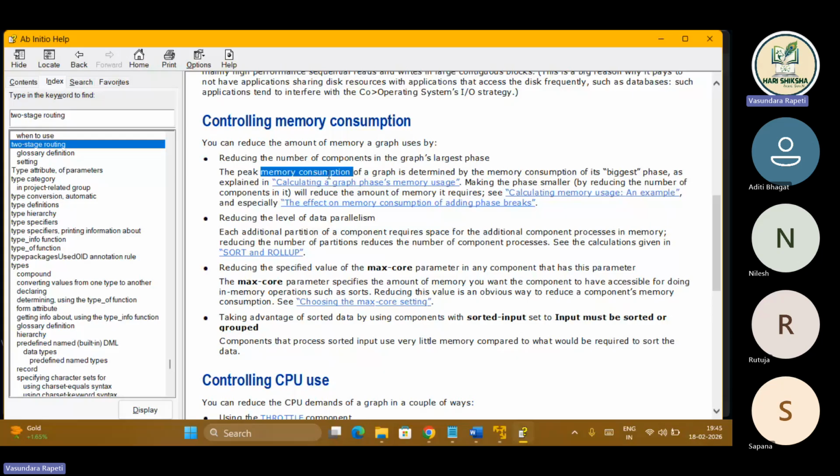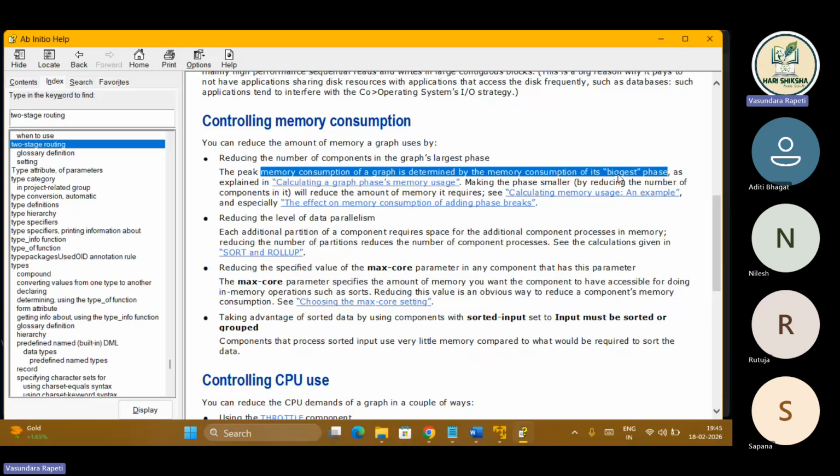The peak memory consumption of a graph is determined by the memory consumption of its biggest phase. Why is that? Because, for example, there are four phases. One phase is occupying 100 GB, and the remaining phases are occupying 80 GB, 50 GB, 20 GB.